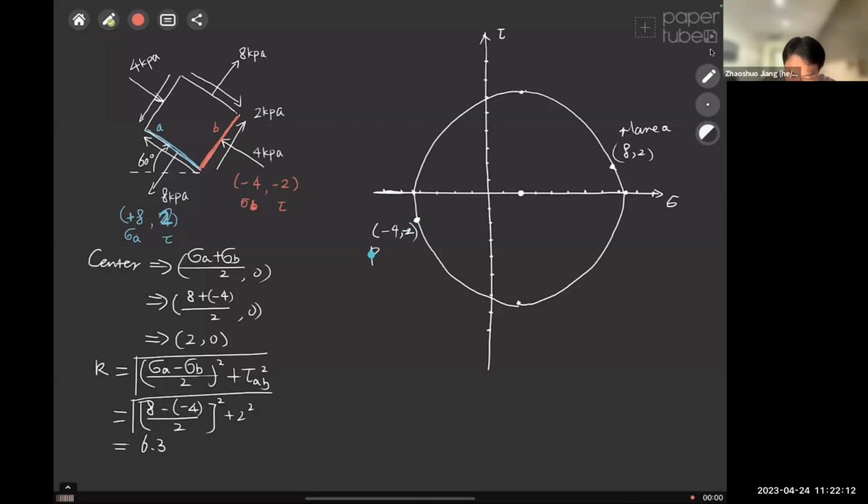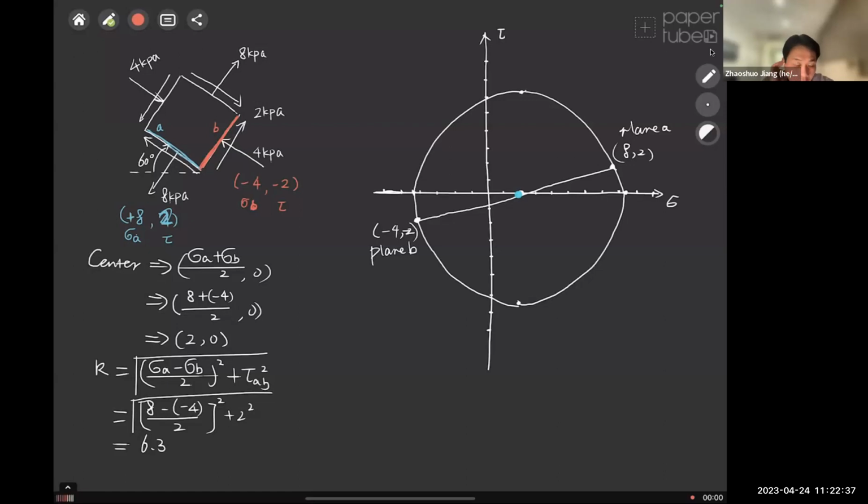That is the plane B. Now, if we connect those 2 points, it has to pass through the center, and they are going to be 180 degrees away from each other, because in the physical plane, those 2 planes are 90 degrees away from each other, right?